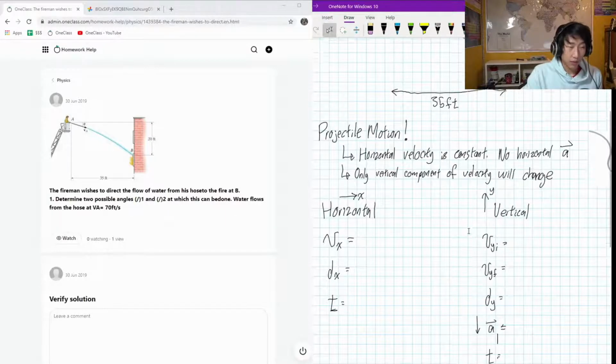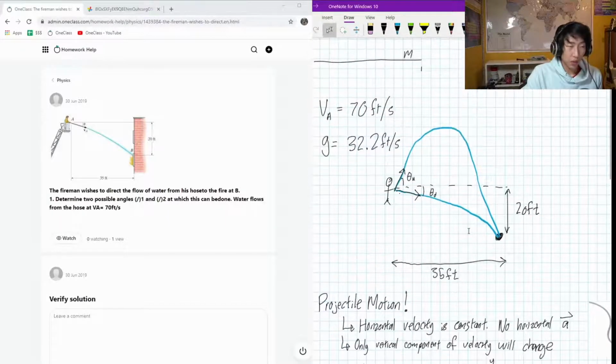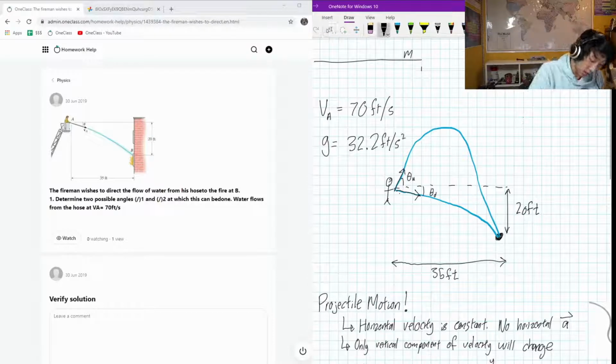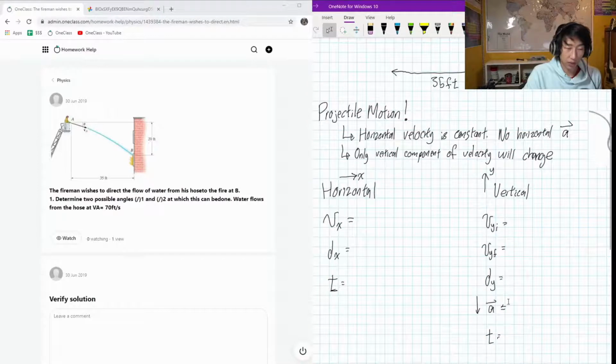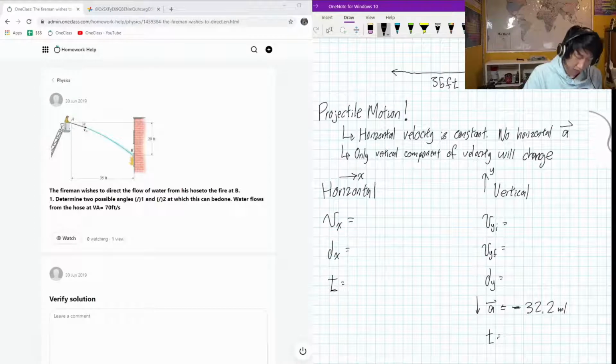Okay, so let's express some equations for this. We know that gravity is going to be negative 32.2 feet per second squared, because we're going downwards. So that will be one of the things that we know. Not meters, feet per second squared.